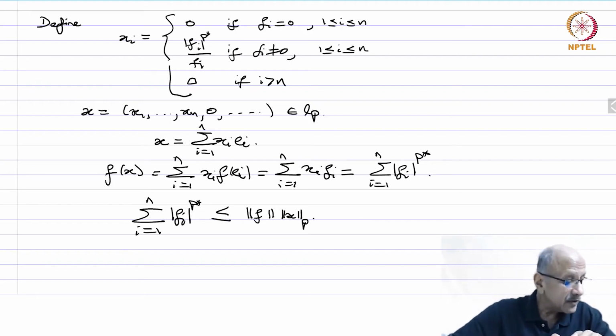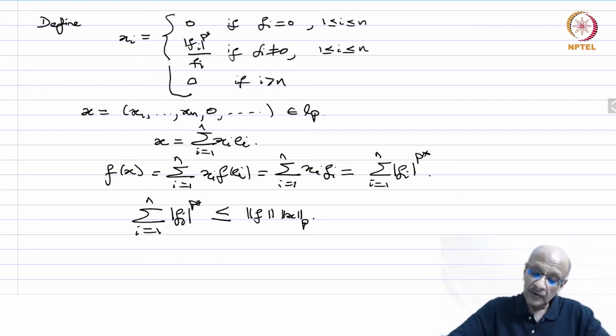So now let us compute this norm x in LP. So what is norm x in LP?